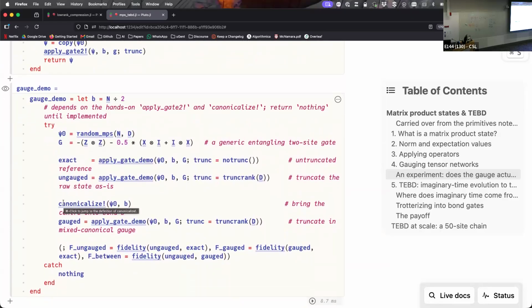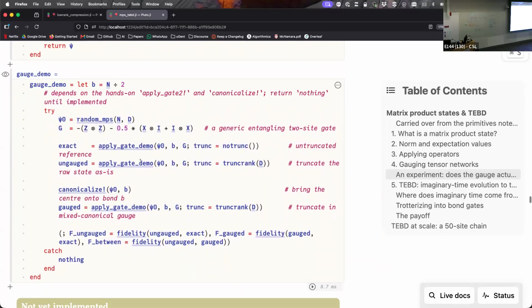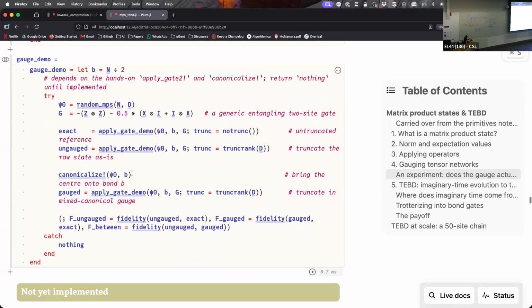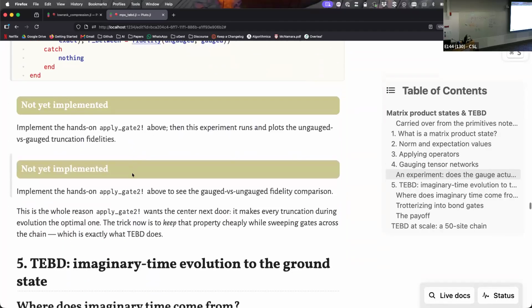So without any truncation, I can truncate, but not use any gauge. So with my random MPS, I can canonicalize, put my gauge, my center of orthogonality at the center, and now apply my gate and truncate. And we can compare all of these things together.